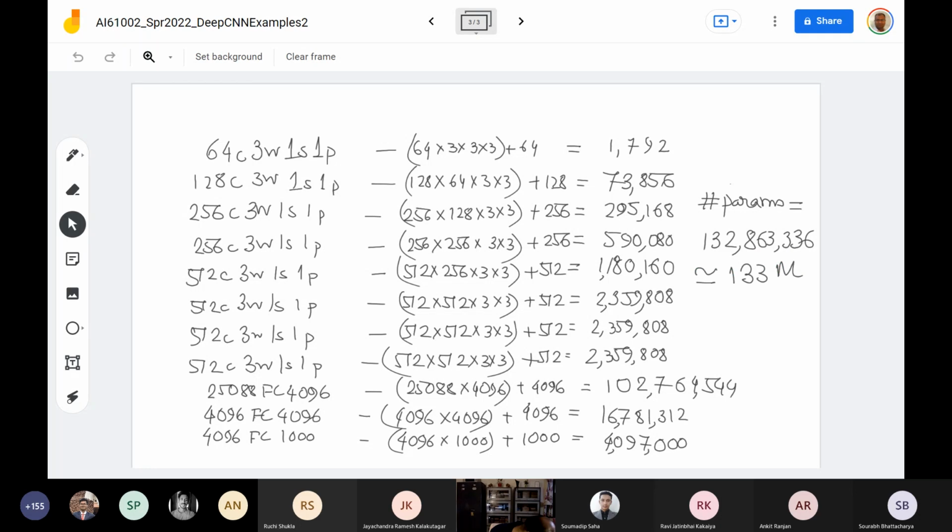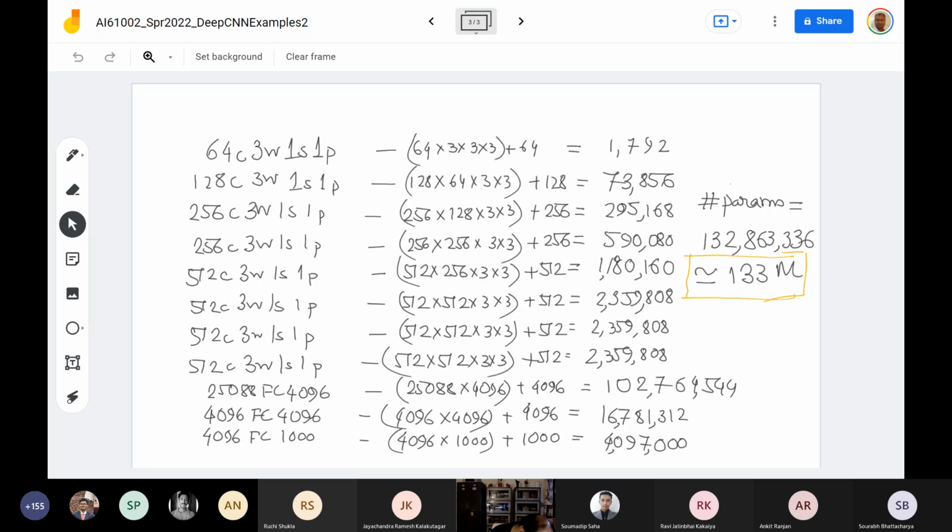Now, pay note to this. This is not a small number. It's 133 million parameters, which you got just from this small looking network. And the only time when it actually started getting into millions was not in the convolution layers.